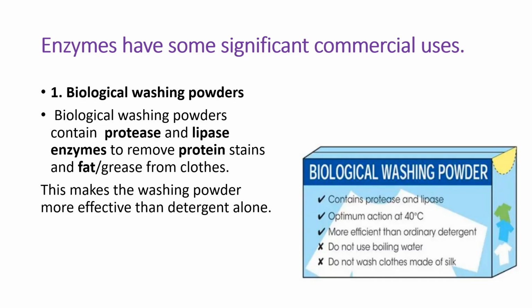So biological washing powders are more effective than the detergent alone. But one thing we have to remember when we use biological washing powders, the water should not be very hot because we know that enzymes are denatured due to very high heat. So if very hot water is used, the enzymes will not be effective.